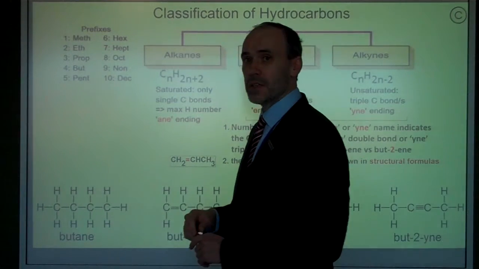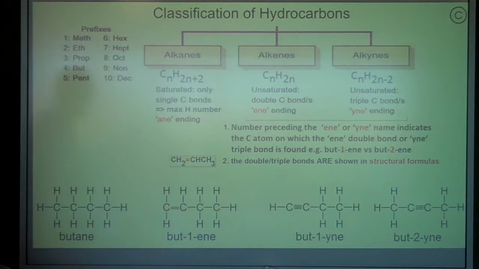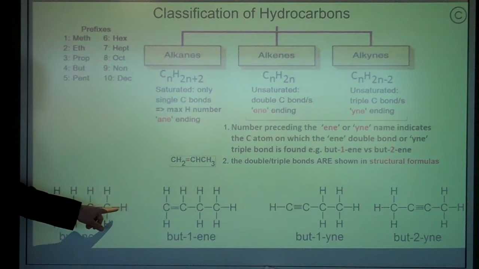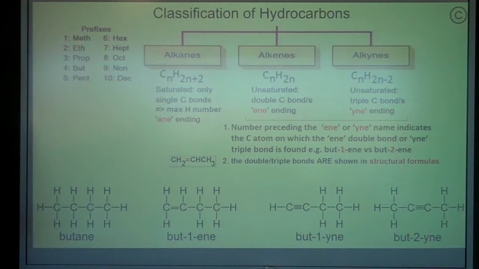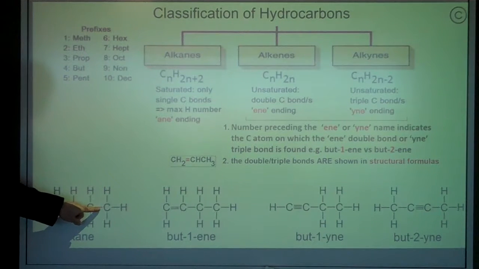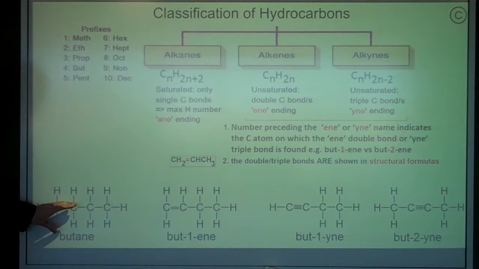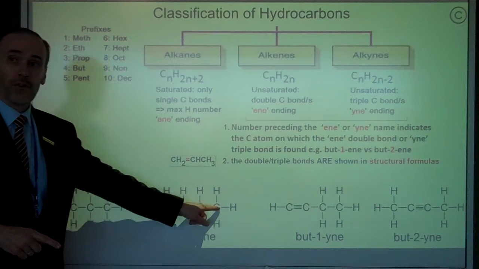Here is butane. How do I know it's butane? 1, 2, 3, 4 carbons. But is the prefix. And ane, an alkane, only has single bonds between the carbons. There, there, there. Single bonds between each of the carbons. So it is butane. Now here is another 4 carbon chain. 1, 2, 3, 4.